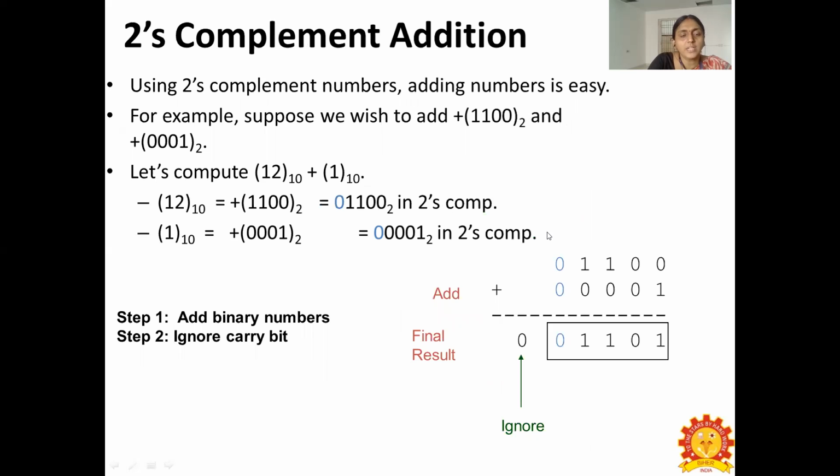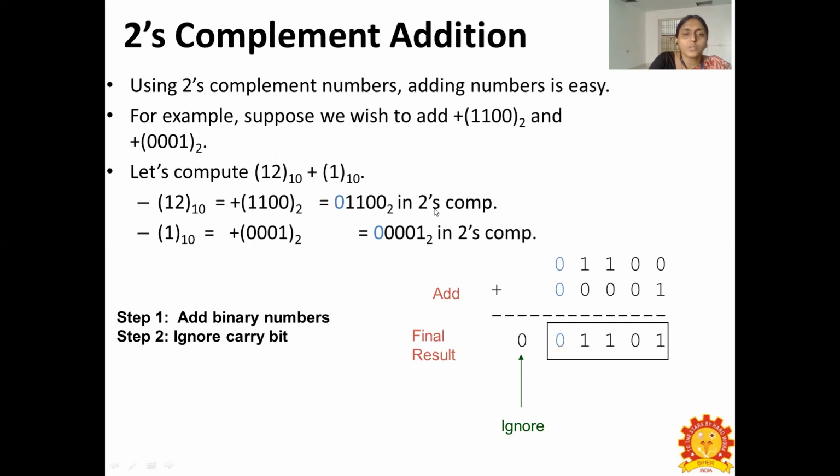And 2's complement addition: we add the binary numbers and ignore the carry bit. We have to use the 2's complement numbers, and here we wish to add 12 and 1. So 12 is represented as 1100 and 1 is represented as 0001.